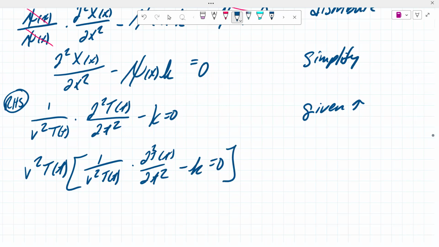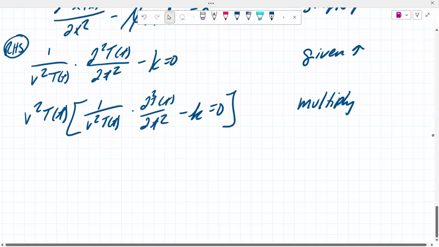So we're gonna distribute, and this is multiplication. Next thing we do is we distribute this out.